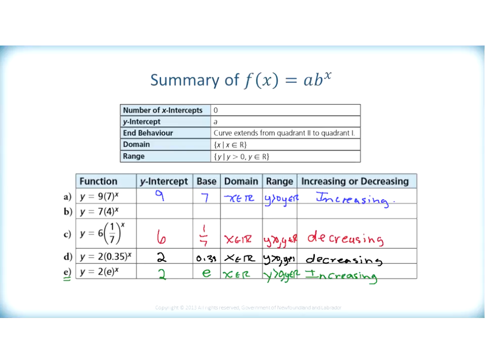In the last example, we have the y-intercept being 7, the base being 4. Since 4 is greater than 1, that's an increasing function. The domain is x belongs to the set of real numbers, and the range is y is greater than 0. The end behavior for all of these functions would be from quadrant 2 to quadrant 1.